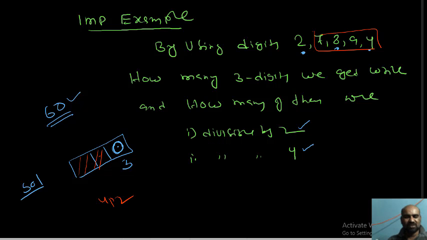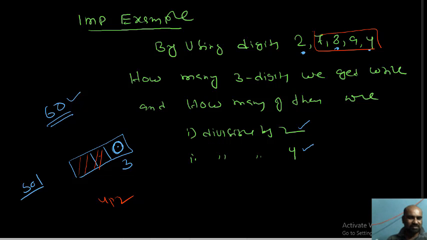One operation is 3 ways, another operation is 4P2. From the fundamental principle of counting, the 3-digit numbers divisible by 2 number 4P2 into 3. 4P2 is 12, into 3 is 36. There are 36 3-digit numbers which are divisible by 2. I hope you understood.